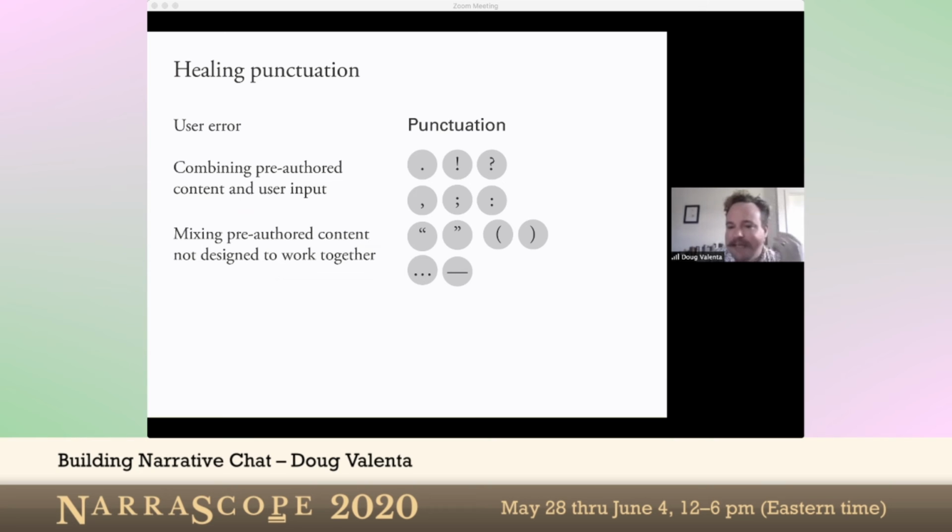And another reason is that it allows us the opportunity to flow together things that come from different sources that aren't necessarily designed to go together. Even, for example, if somebody had a name of their persona, which is a user-defined text that contained punctuation, we would still want it to play right with the punctuation in the sentence. And this also frees us up if we're using this system to flow in pre-authored content or procedurally generated content. That content doesn't need to be authored to work together perfectly at the character level.